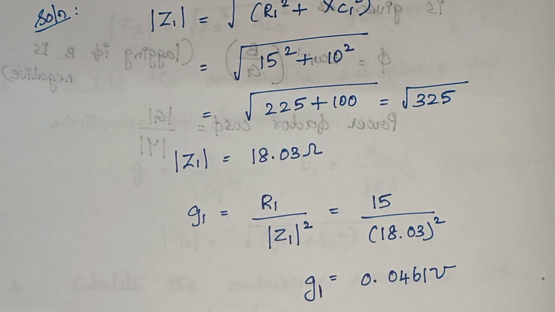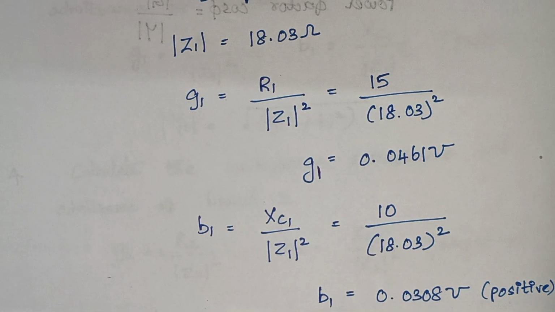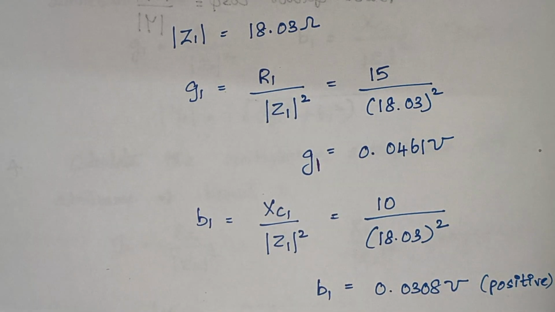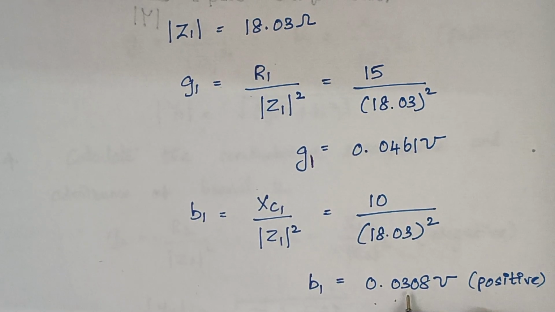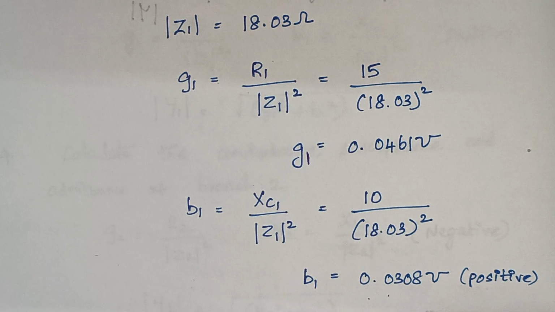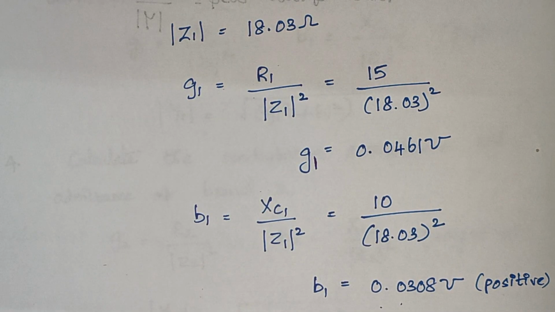And the next one is we need to calculate B1. So B1 is given by XC1 by Z1 square. XC1 is given in the problem, Z1 we have calculated. So just substitute, and here the answer is 0.0308 mho. Here it is positive because of this capacitive reactance.